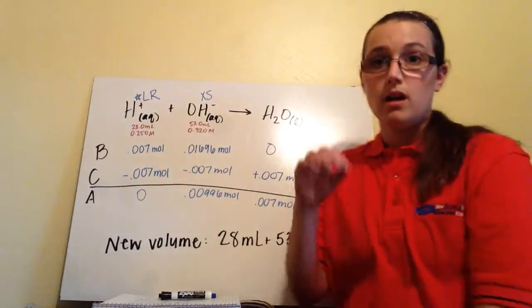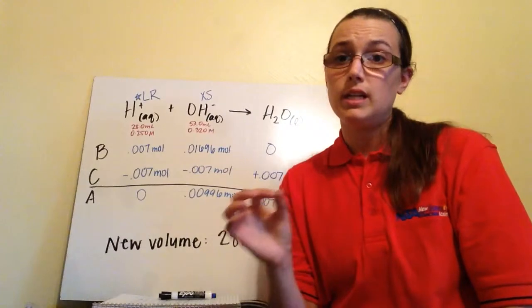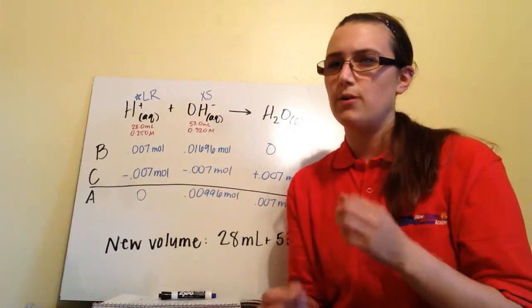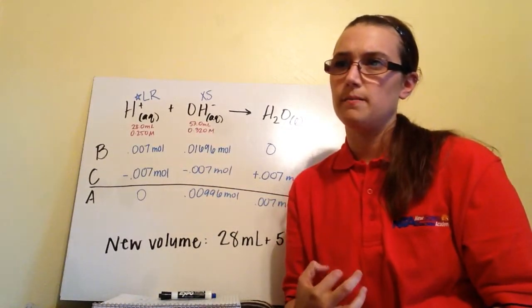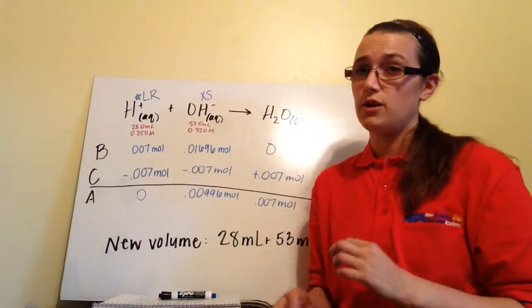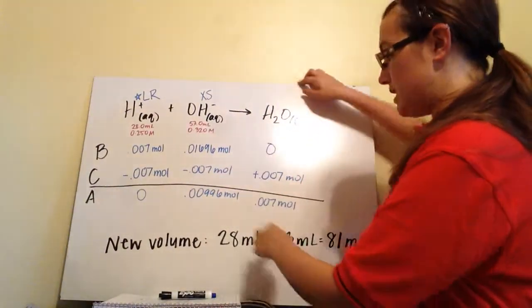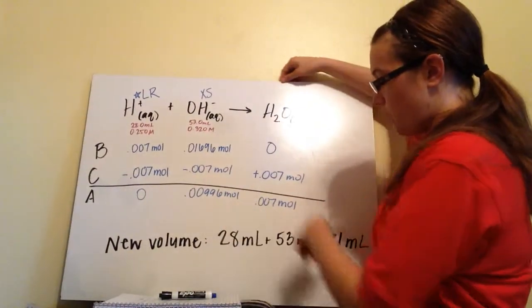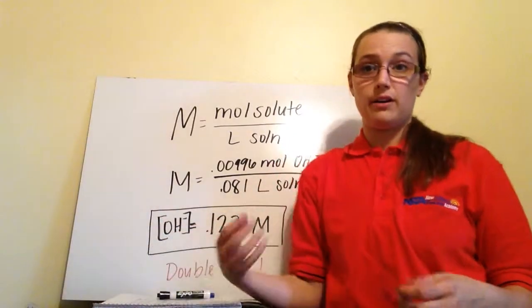Now remember, for concentration, you need liters. So think about how you would go between milliliters and liters. Divide it by 1,000. So you divide 81 by 1,000, that gives you your volume in liters, which means now we have moles, we have liters, and we can use our molarity formula.